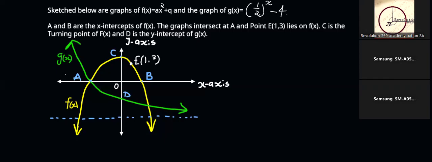And then with regards to our questions, as we're solving them, these are going to be our questions right here.